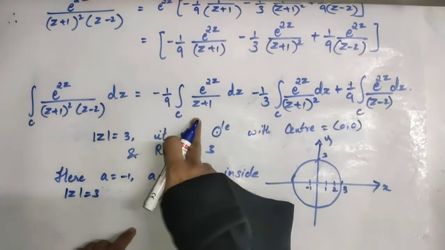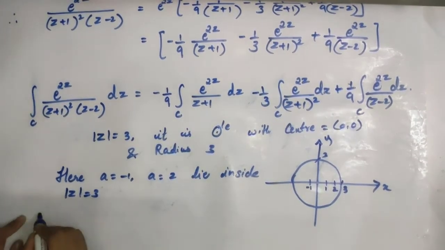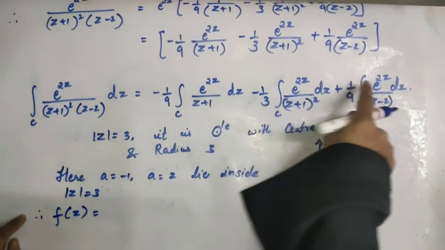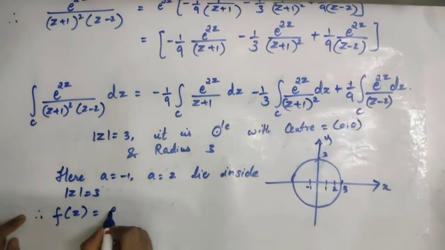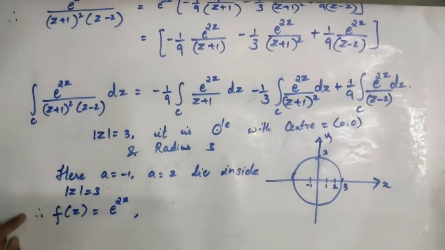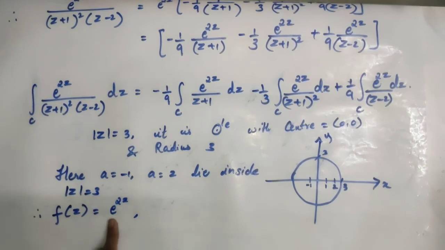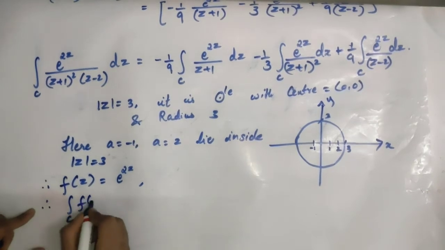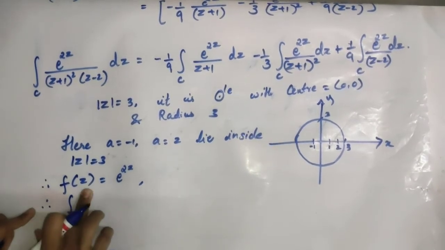Okay, so first we'll evaluate the first part. Before writing that, I have to write what f(z) is. In each of the cases the numerator is the same. Look at that, f(z) is e^(2z).